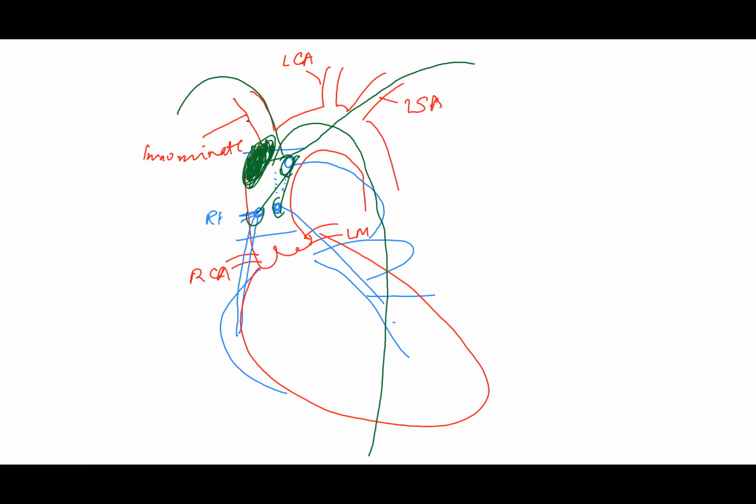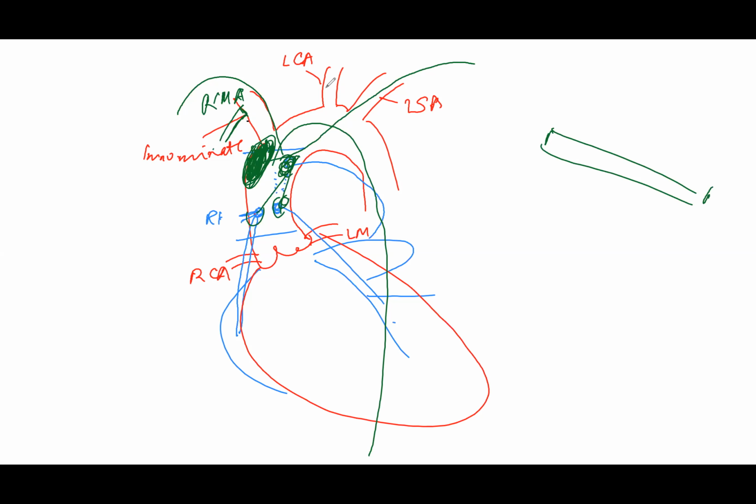Okay. So these are the SVG grafts. Usually you can have a free radial graft. Free radial graft means that the radial artery is cut in two sections and then is taken off and put on somewhere here. Free rema means the rema is coming out of here, from the subclavian, not the innominate, and you cut down here and put it down here.